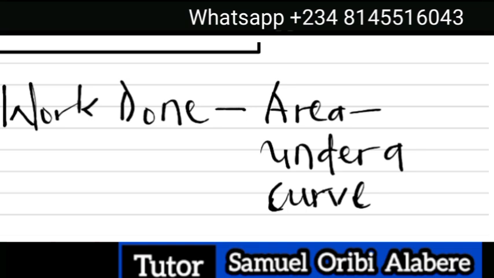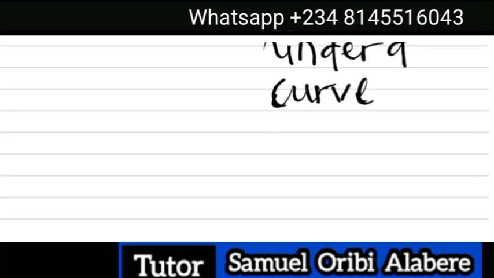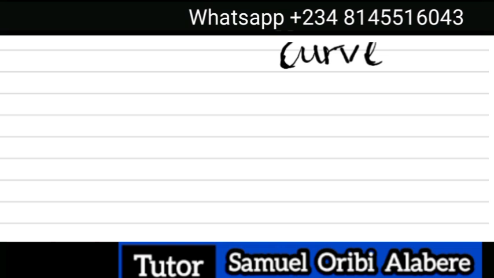We should also take note of the rate of work energy transfer, which is denoted by W with a dot on top. We should not forget this dot on top. It indicates the rate of work energy transfer, which is also called power.